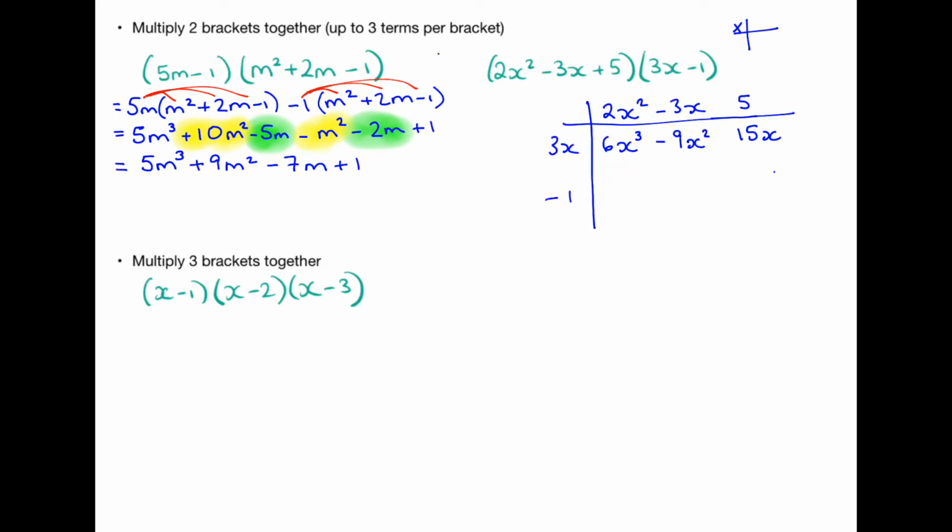So that'll give us just negative 2x squared. Then we've got negative 3x times negative 1, so the signs match, those terms positive, so it's 3x. And the last one there, we've got 5 times negative 1, so that gives us negative 5.